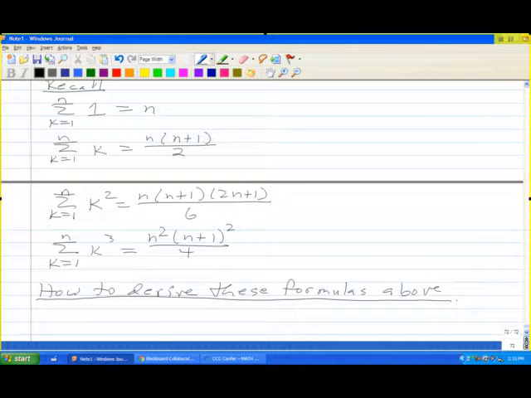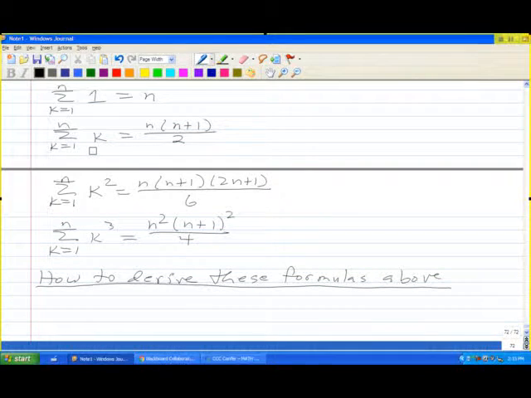If you know the first n of these formulas, you can find the n plus first by doing the following trick. So let's try to derive the formula for this second one here.